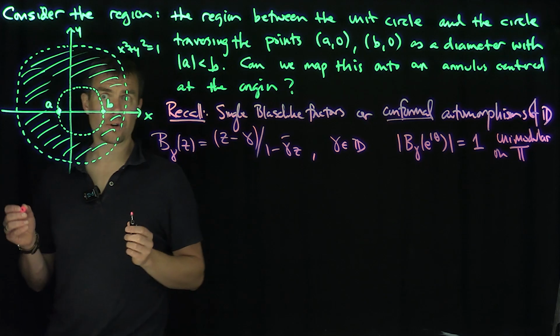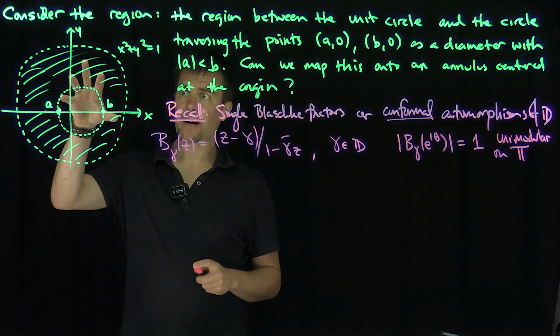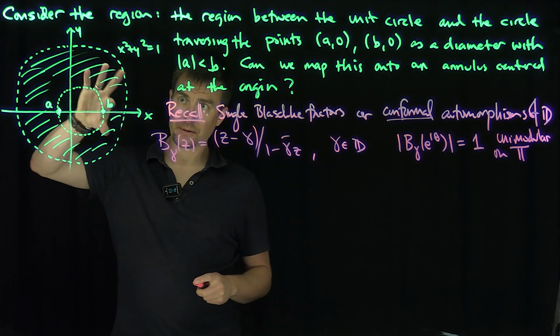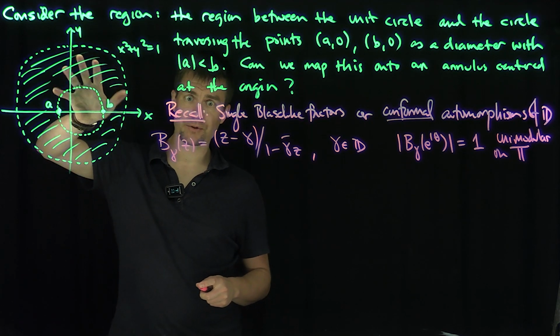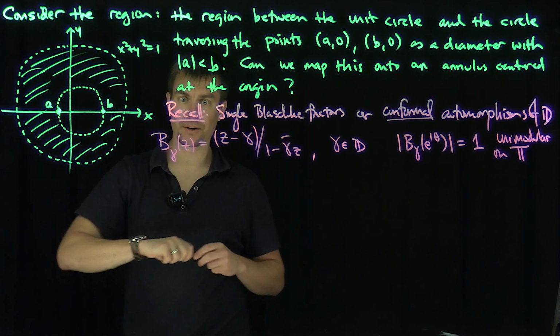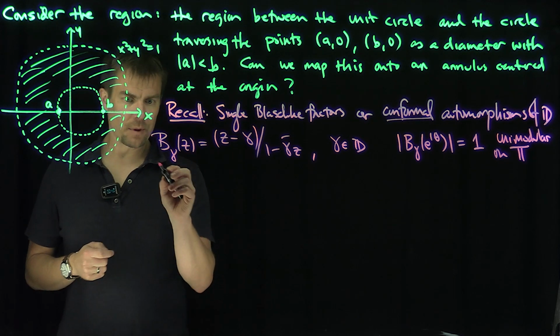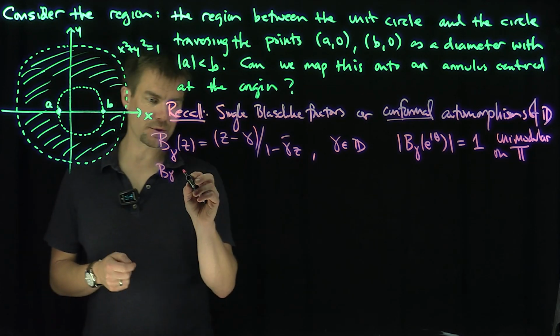That's an important feature, because if I apply a Blaschke factor to the unit circle, the unit circle is going to stay put. So the Blaschke factor B gamma leaves the unit circle invariant.